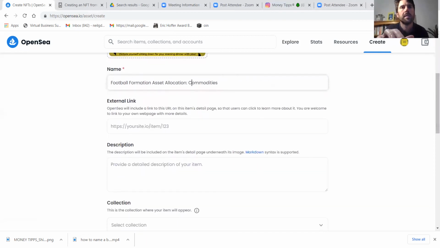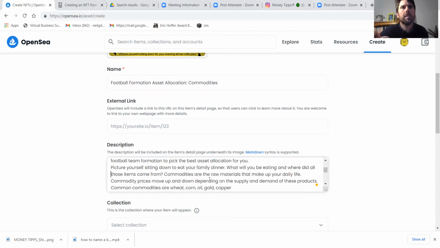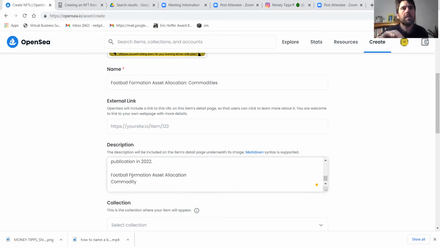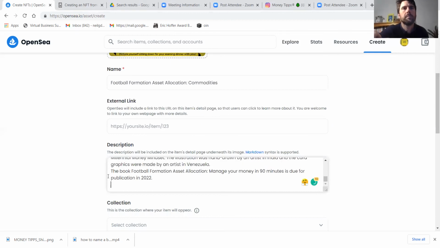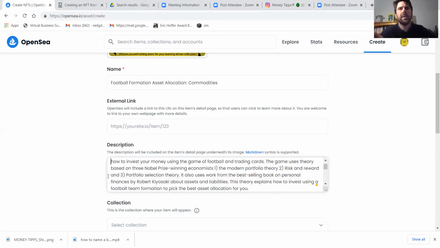So let's describe it. First trading card.